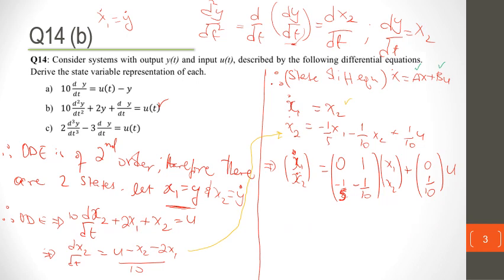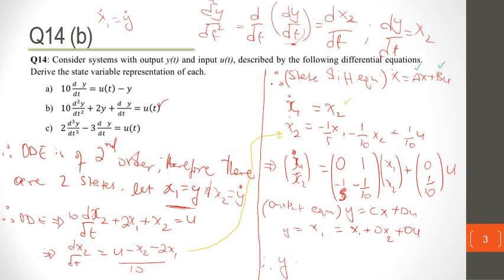So we know that y is equal to x1, which is x1 plus 0 x2 plus 0 u.